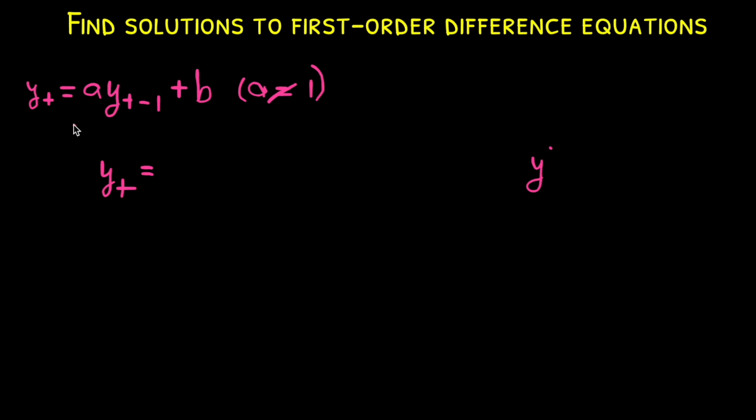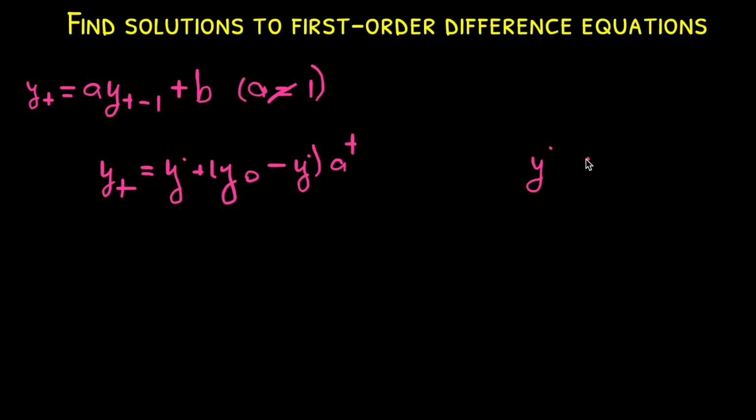For now, the number y star is known as the time-independent solution. The general solution to the equation we've seen before, yt equals a times yt minus 1 plus b, in the case where a does not equal 1, we can find using the formula yt equals y star plus parentheses y0 minus y star times a to the power of t.